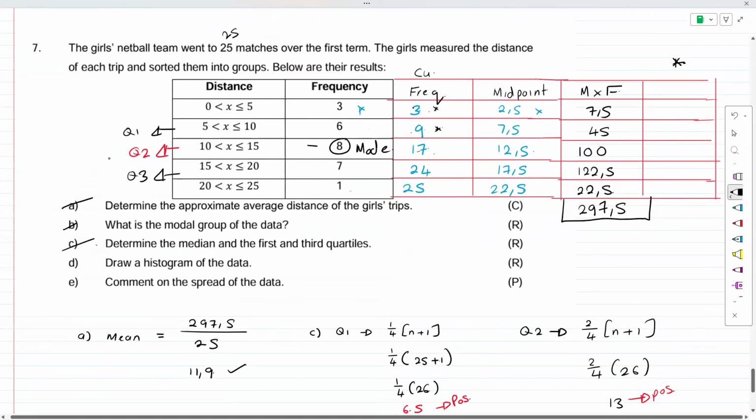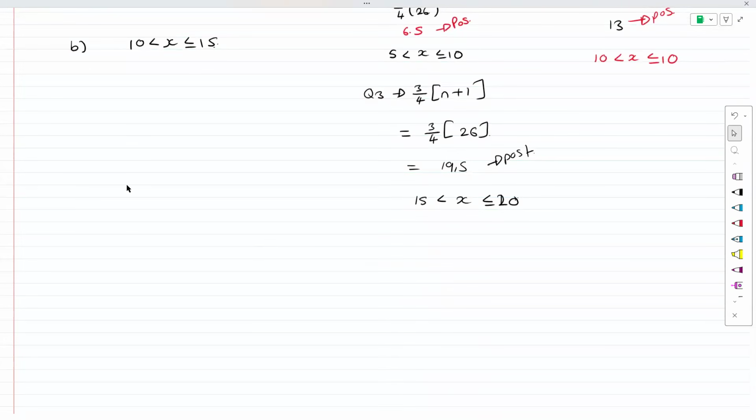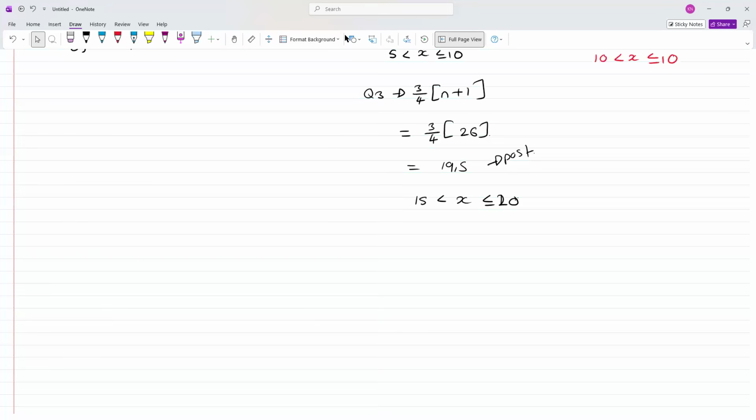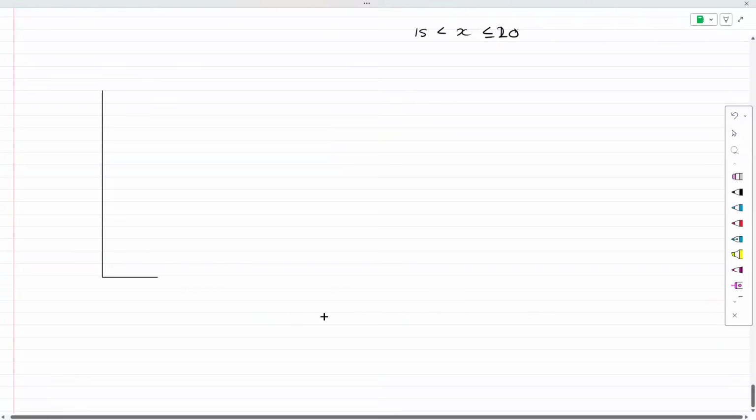I'll try my absolute best to draw this histogram, but just wish me luck. I'm drawing on a graphic tablet, so yeah. Does take a bit of effort, and some of us are not naturally good at drawing. So the first thing is to label. Remember, this is a frequency. Remember, this is the distance.